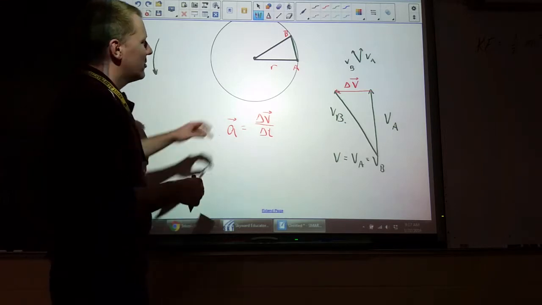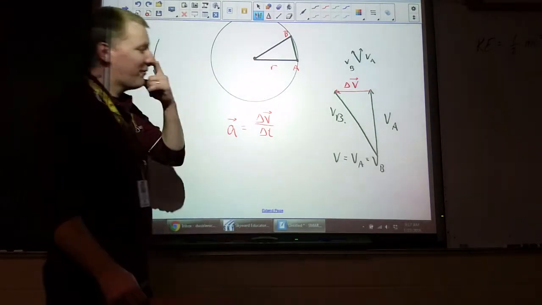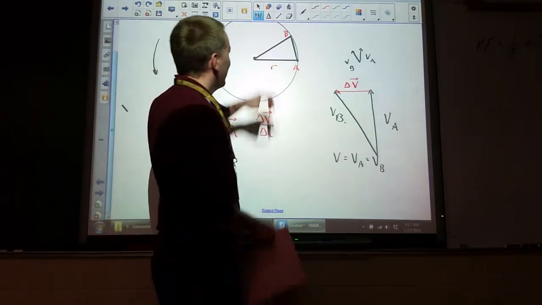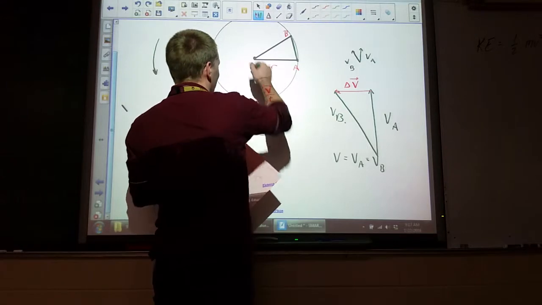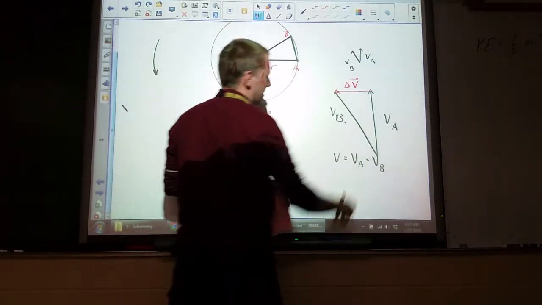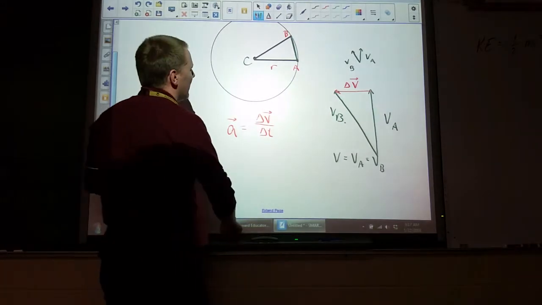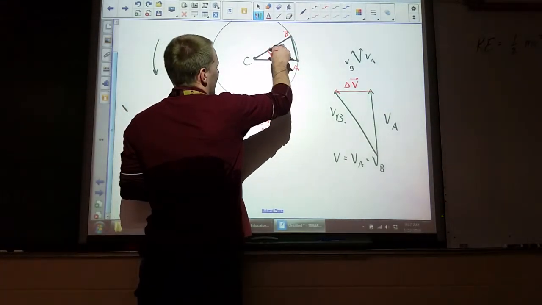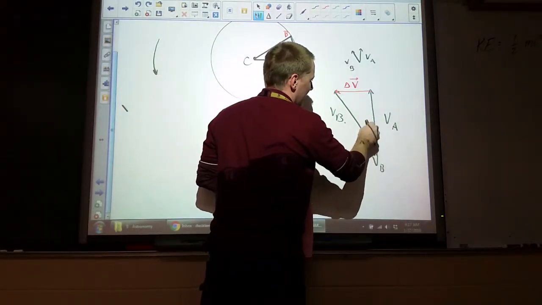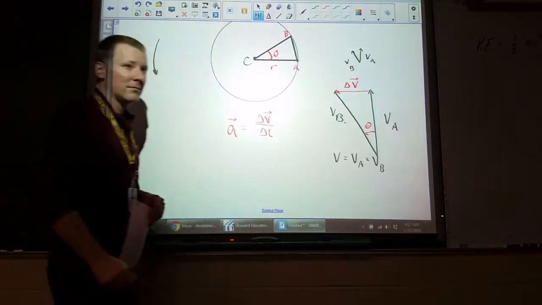Now, these two triangles, and if it's all right, I don't want to go through the geometry. This triangle here, this AB, and we'll call it C, is actually going to be similar to that triangle. Meaning that this interior angle theta is also that angle theta.